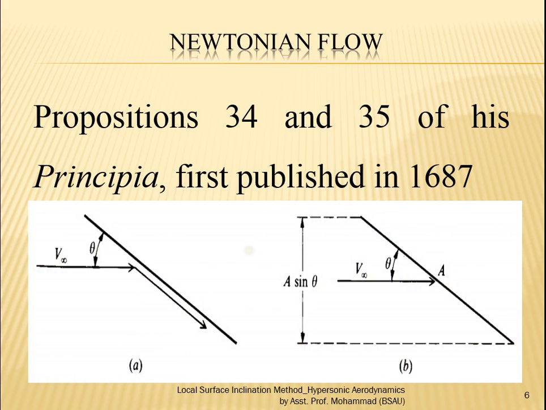So he actually did a small experiment. His ideas were based upon facts. It's not like he just imagined something and wrote. He had a flat plate, the flow came and impinged on it, and then he did some analytical calculations and gave some ideas.